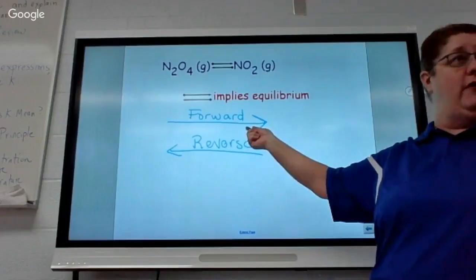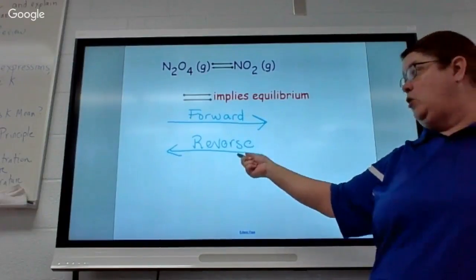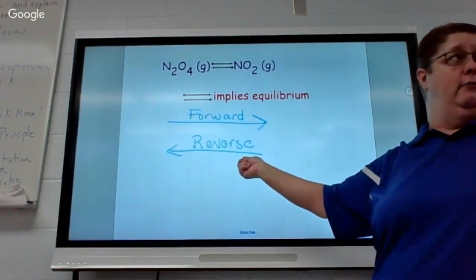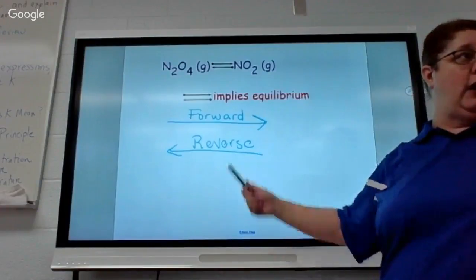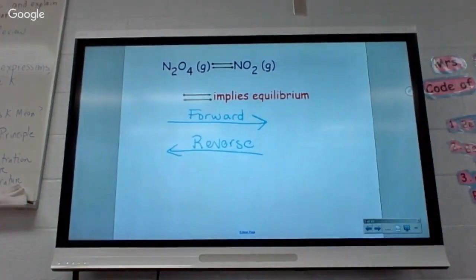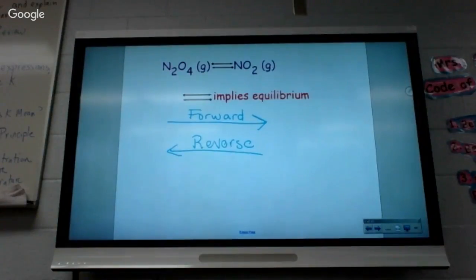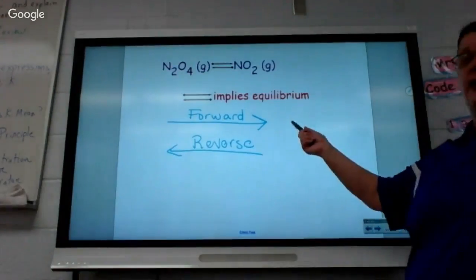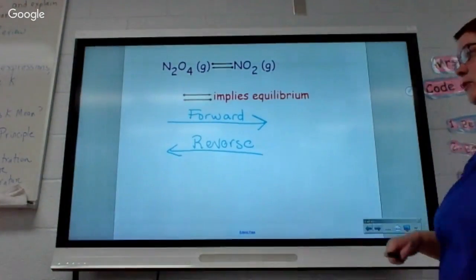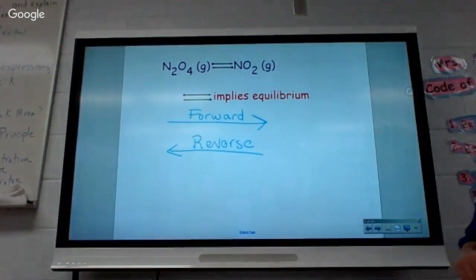Forward is this arrow going this way. Reverse is that arrow going that way. Forward is the arrow going to the right. Reverse is the arrow going to the left. So, in order to be at equilibrium, the rate in which you make the forward reaction has to equal the rate in which you have the reverse reaction.